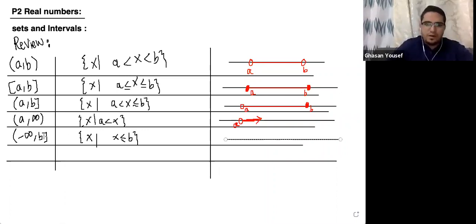For all values less than B, starting from B and going down, you can set a closed circle at B and arrows like this.